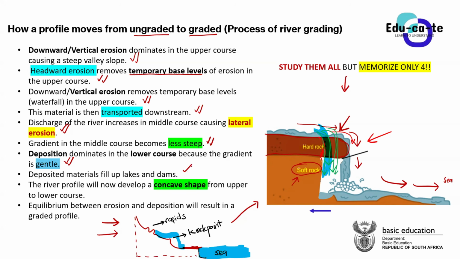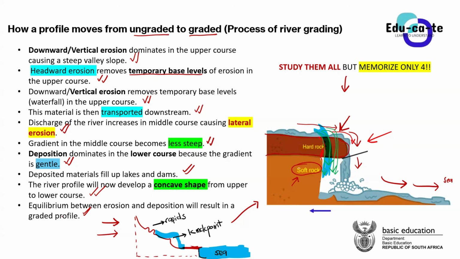That's one of the things as well. So the river profile will now develop a concave shape from upper to lower course. And then we can say that equilibrium has been obtained.